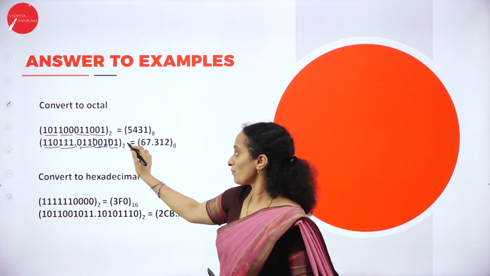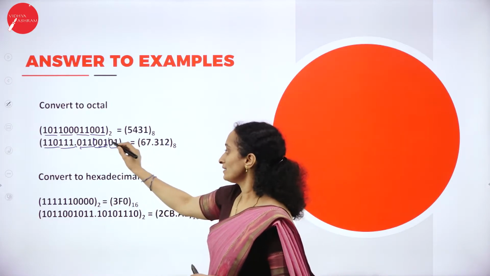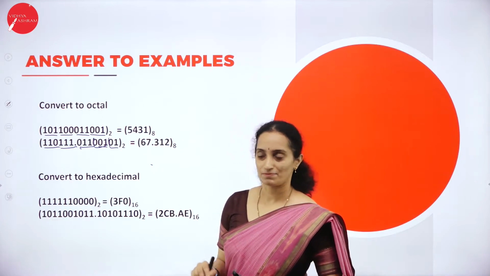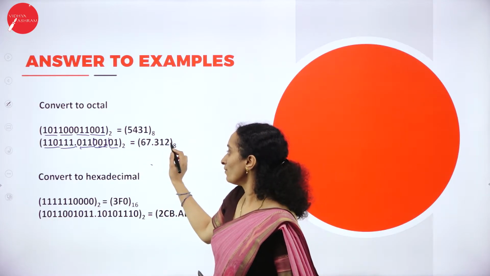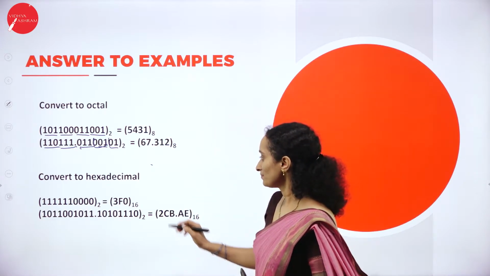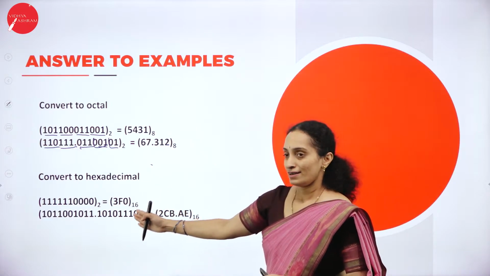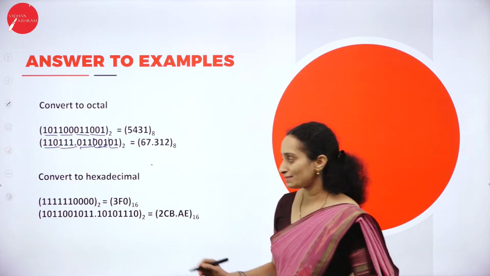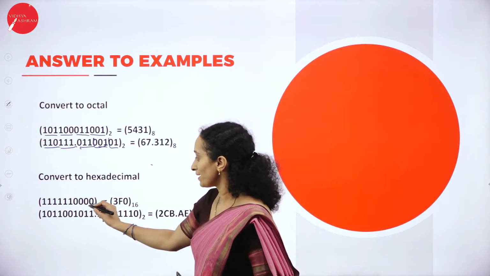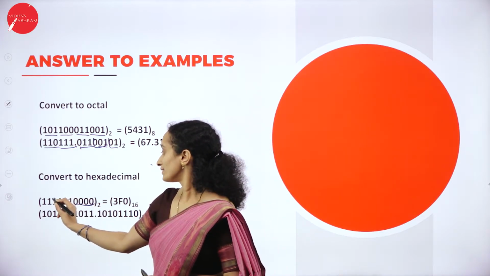If it is after the decimal point, add a suffix of 0 to make it a group of 3. So, this will become 0, 1, 0, which represents 2. Okay. This is about binary to hexadecimal. You can easily do it by making groups of 4 digits.